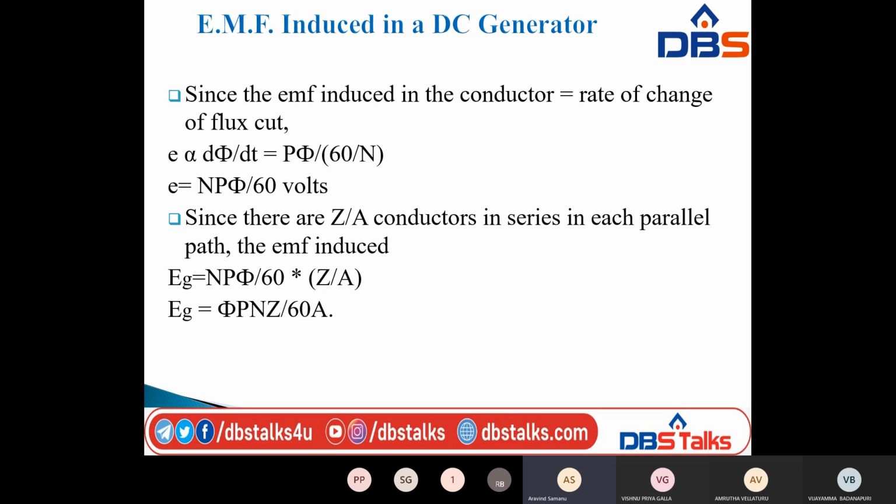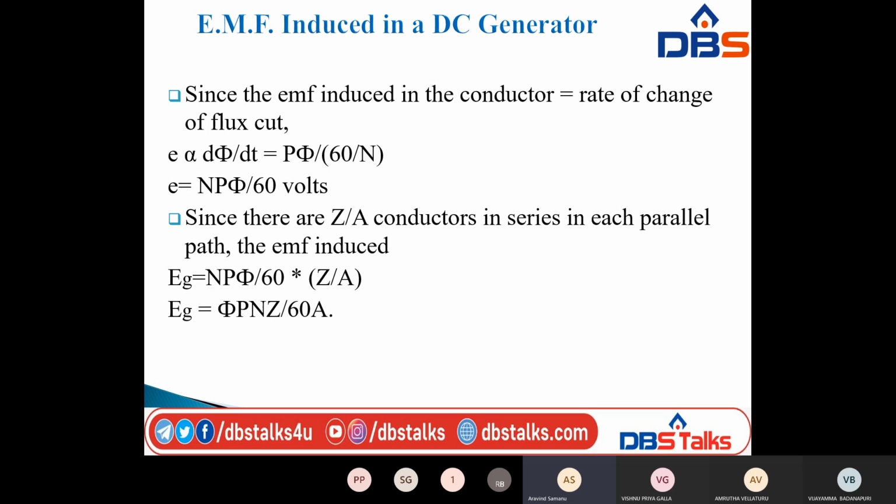That means P phi by (60 by N). So E is equal to N P phi by 60 volts. That is the EMF induced in the conductor. E is equal to N into P phi by 60.